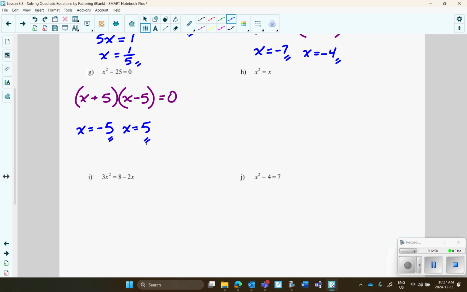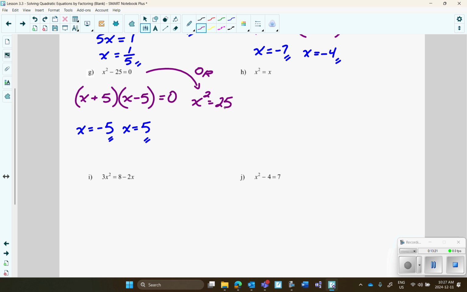Was there another way to do this one? Remember the very first lesson we did? If there's no x term, what we could have done is get the x squared by itself by moving -25 over.